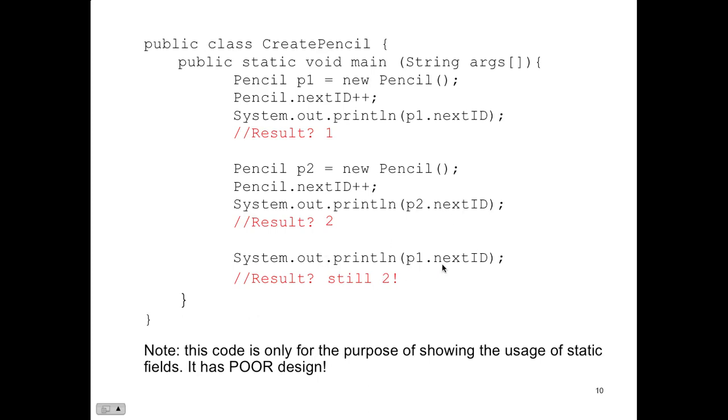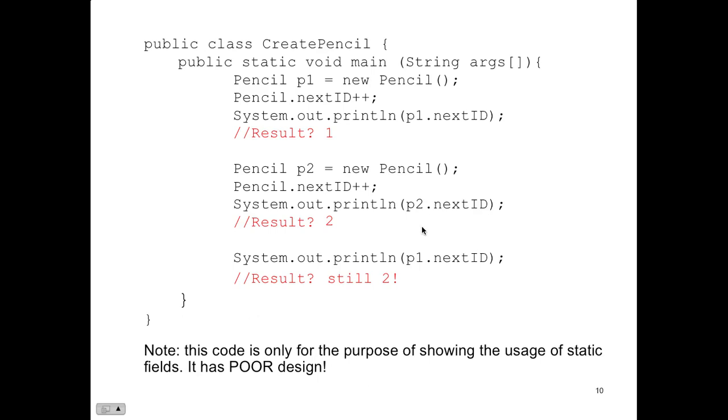And then we print out the first one, and uh-oh, the first one's changed too. So it's still 2. It didn't go back to 1. So when we changed the nextID with the second object, the change reflected for the first object as well. So all instances of all objects reflect the change. They're all affected by the static variable at the class level.